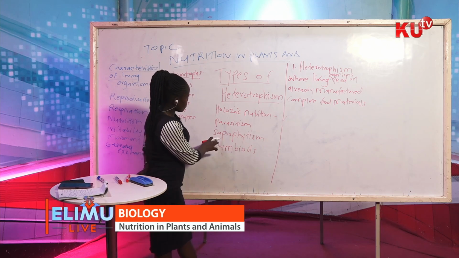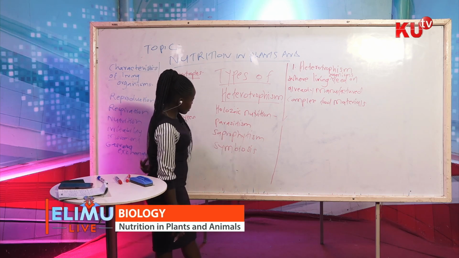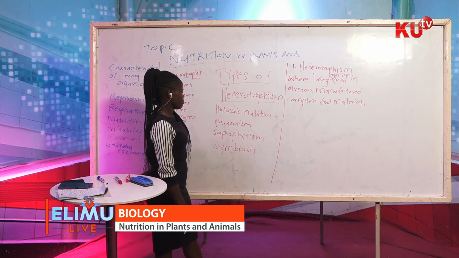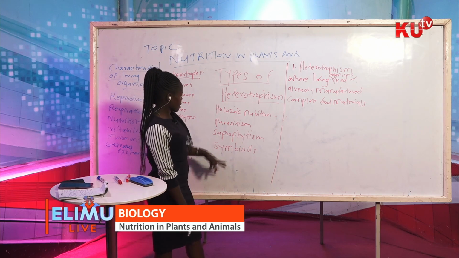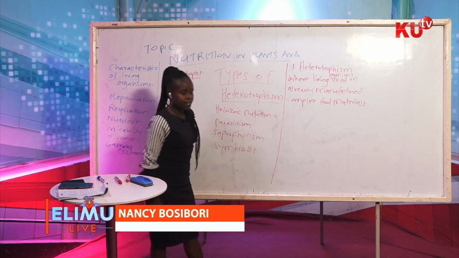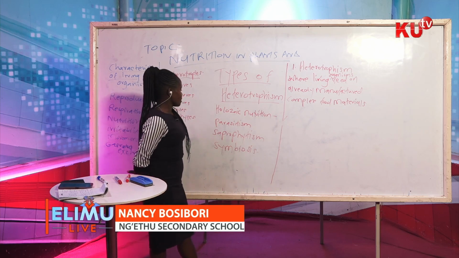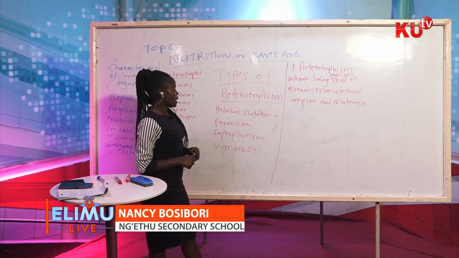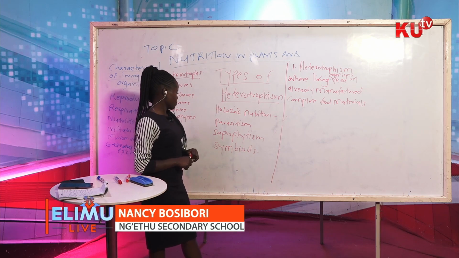While saprophytism is the kind of nutrition where organisms obtain nutrients from dead decaying matter. While in symbiosis, two organisms mutually benefit from each other.